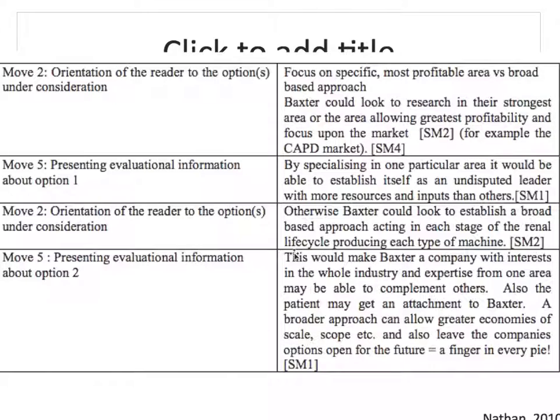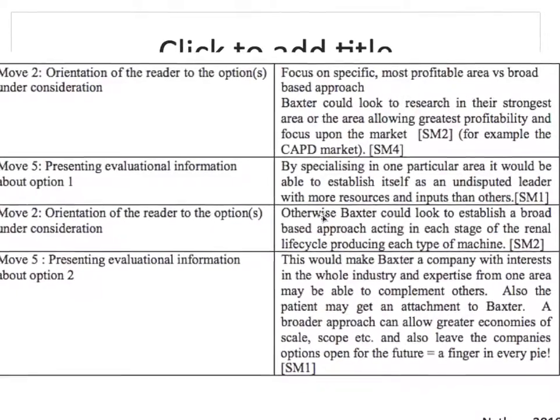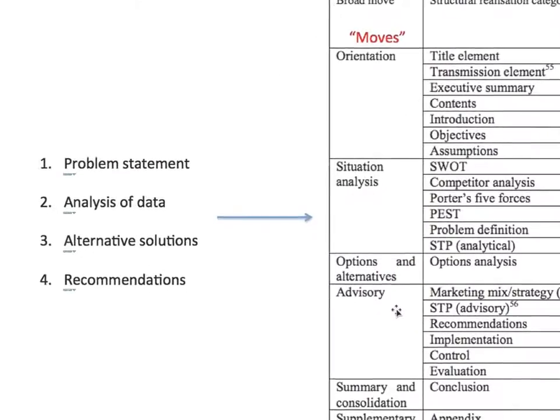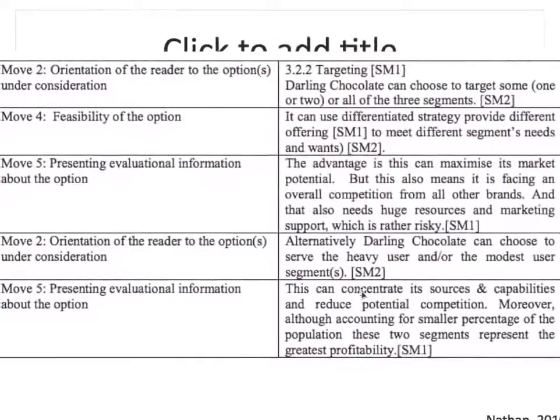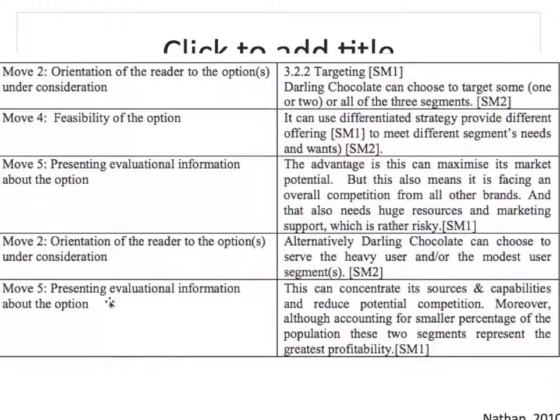Now Nathan 2010 identified how these are actually used in real reports. So here's the real report on the right side and the moves which are suggested here, where first of all you're identifying the problem, analysing the possible tools, evaluating those solutions and suggesting and reflecting on what then might happen as a result. There's another example there where the writer is presenting evaluation information about that option.